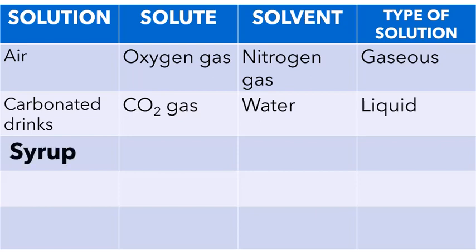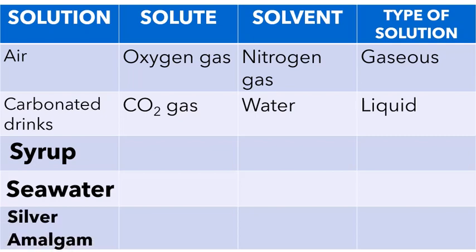So let's have another example. We have syrup, we have the seawater, and we have the silver amalgam. So what is silver amalgam? It is the one used by dentists to fill your tooth, or in Tagalog, pag pinastahan ka. Okay, so let's have syrup first. So what will be the solute? When we combine, of course, sugar and water, we can make syrup.